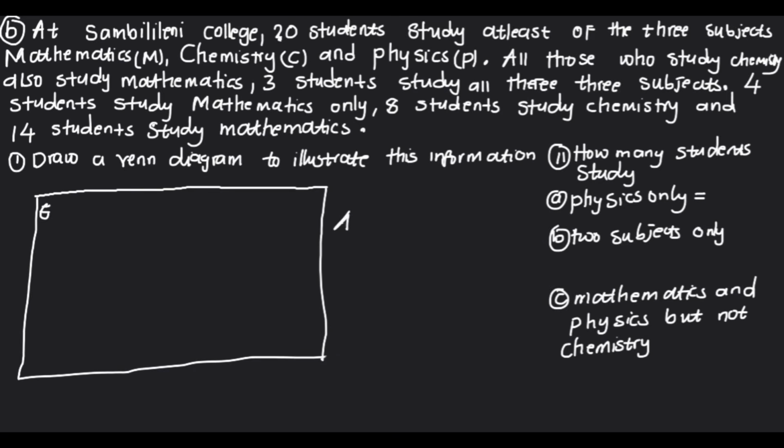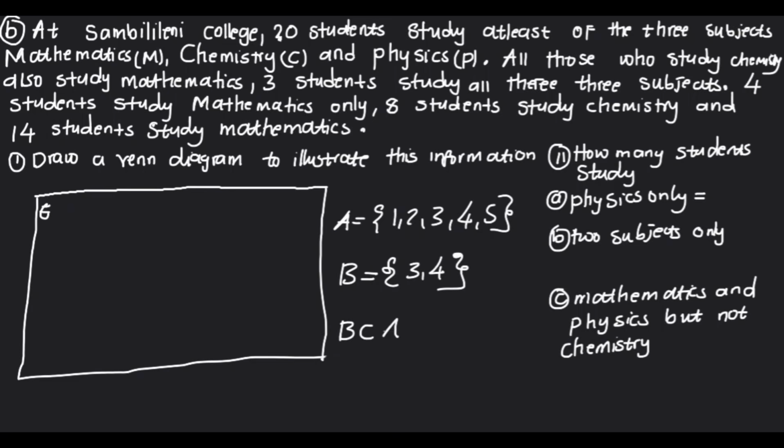Let's say we have set A with elements such as 1, 2, 3, 4, 5. This is our set A. Then set B has the elements 3 and 4. So we can see that B is a subset of A. Why? Because the elements of B are found in set A.